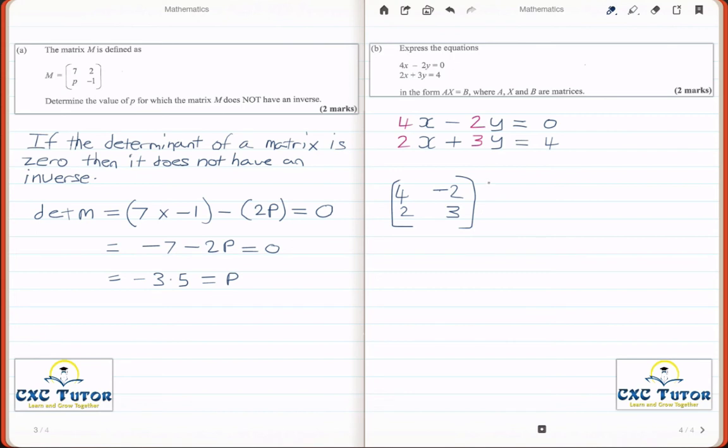And this is multiplied by the second matrix, which is the X matrix, which contains your unknown variables, x and y. And this is equal to your final values, which will be 0 and 4. So here we have it. That's all the question asks for, to transpose your equations into matrix form, and that is how you do it.